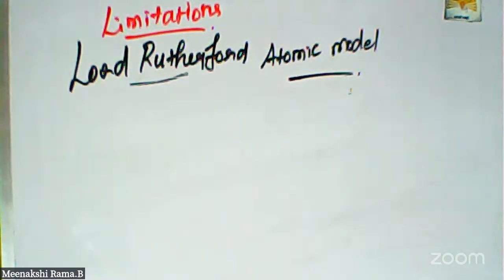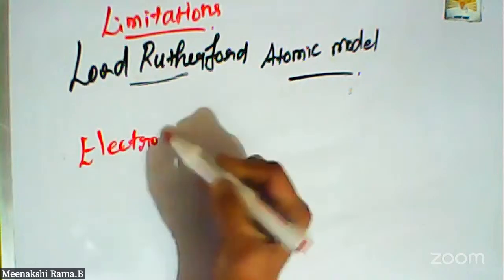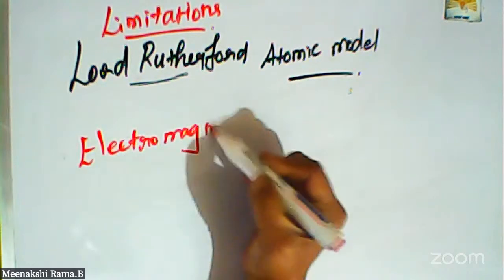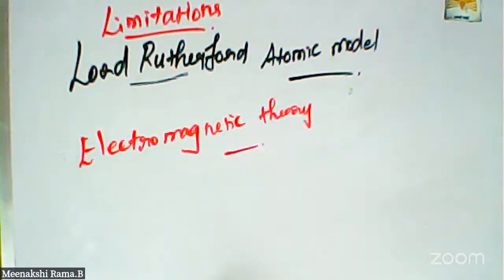According to electromagnetic theory, moving electrons should accelerate continuously and lose energy.